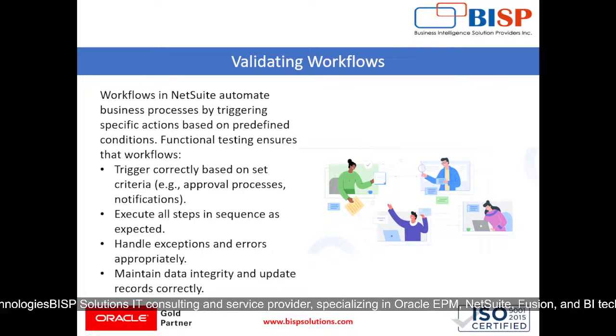For example, if an approval process is done or a notification should be sent, the trigger is made correctly. Then we execute all steps in sequence as expected by the stakeholders of our business, handle exceptions and errors appropriately, and after that maintain data integrity by updating records correctly.